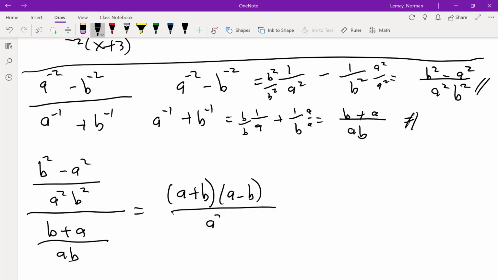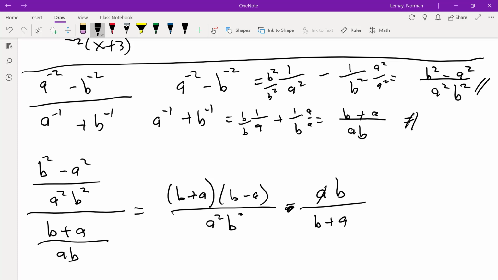So we get a squared b squared times, so invert. So we get ab over, and notice, oops, I got my a's and b's mixed up here. b plus a, got to be careful here. b minus a, so here we get b plus a. That should be a times right there. Looks like my squared went away.